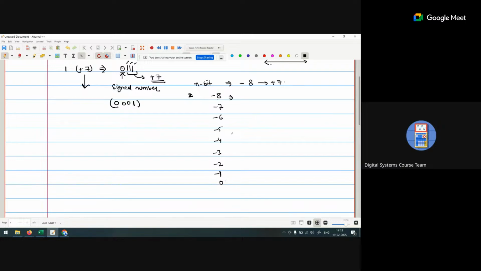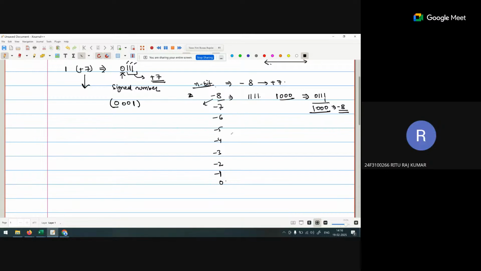So what is -8? 16 minus 8, that is equal to 1000. But this is a 4-bit number, so five bits is not possible. So what should I do? I just write the number 8, and take the 1's complement and 2's complement of this one. So it is also the number -8.